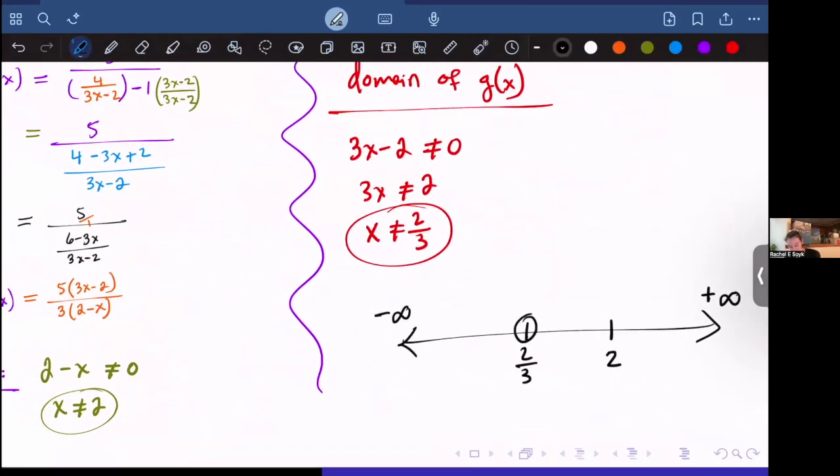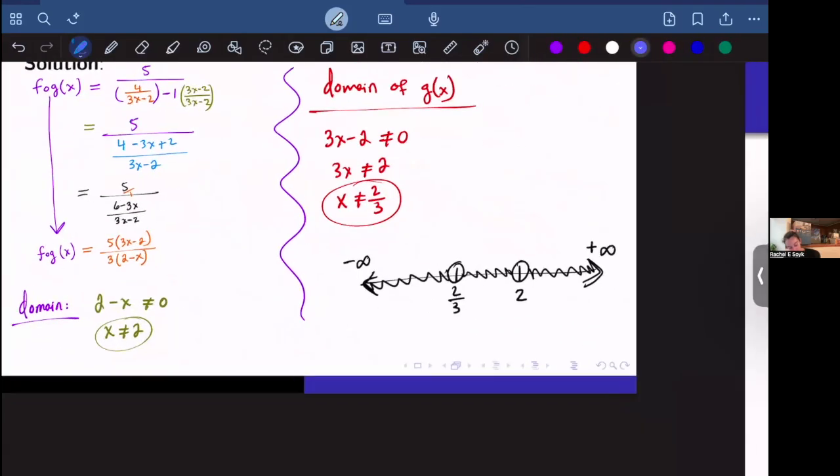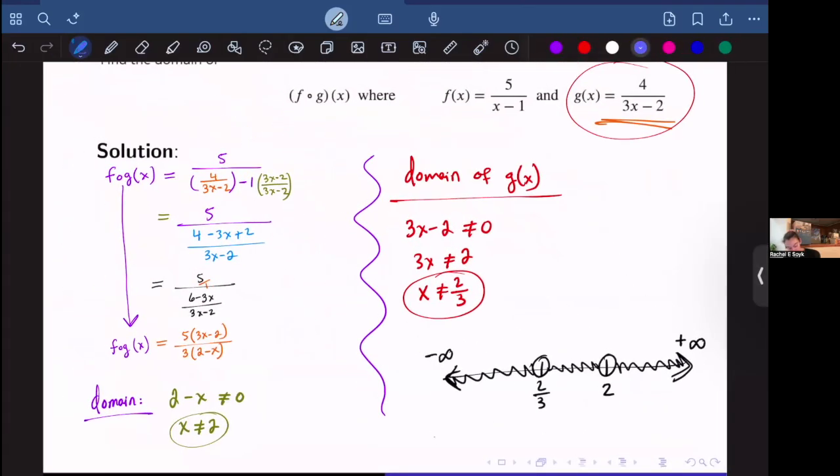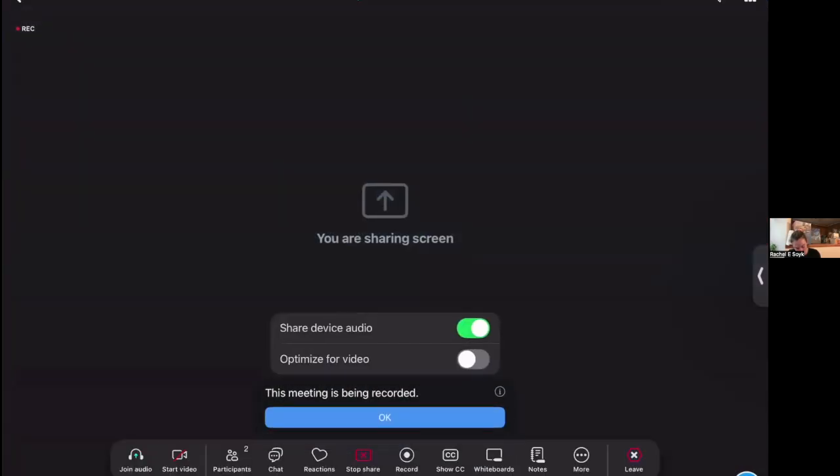So graphically, we're just going to have open circles there and then shade in everything else. In interval notation, what does this look like? This just looks like negative infinity, comma, 2/3, union 2/3, comma, 2, all soft brackets because we are not including, oops, sorry.